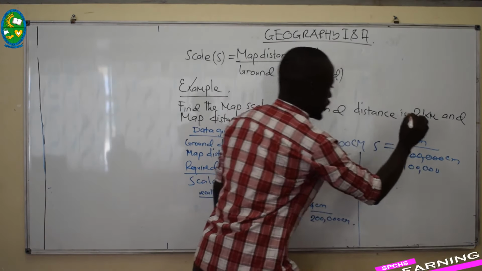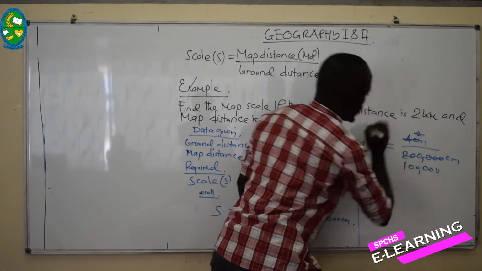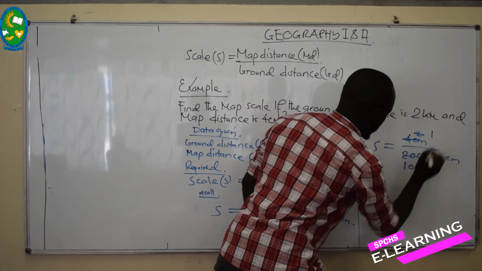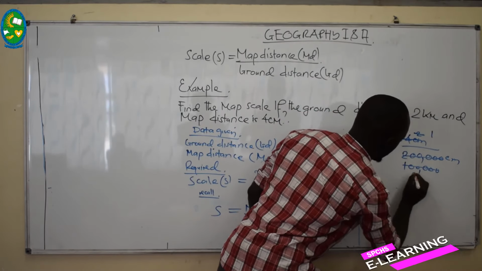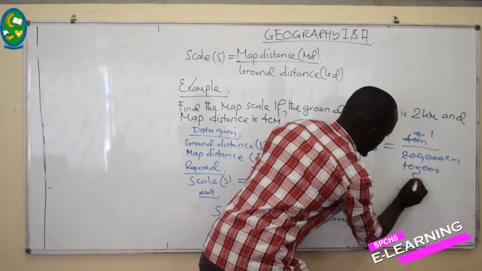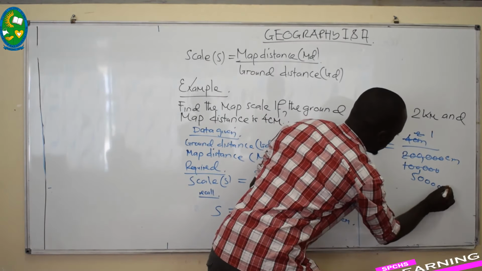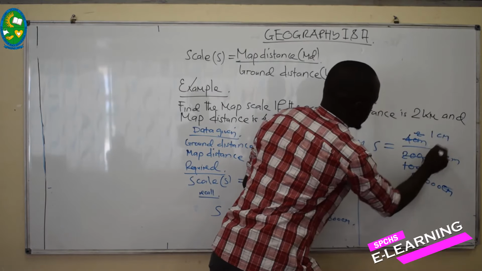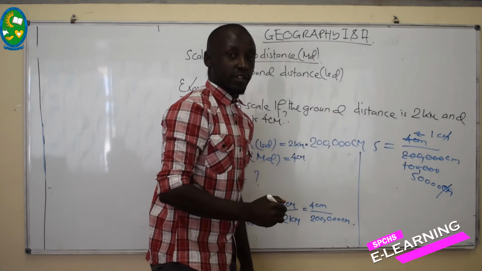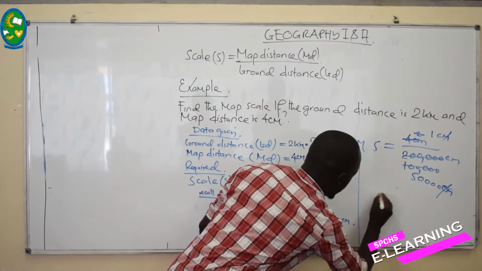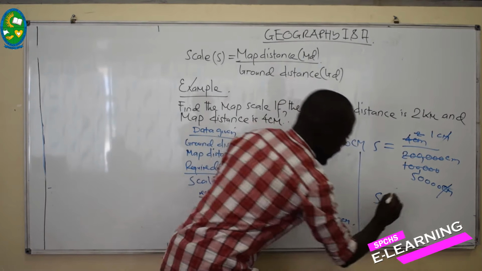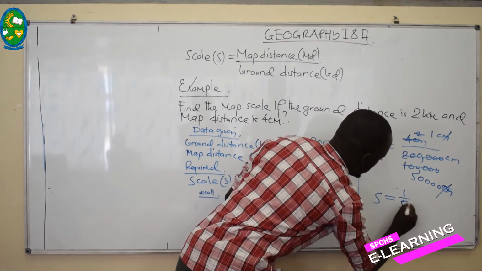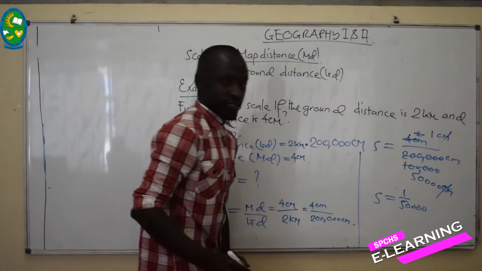Once again you simplify by 2 to obtain 1 as numerator and 50,000 centimeters as denominator. Centimeter to centimeter, they cancel. So the final answer is scale equals 1 over 50,000.